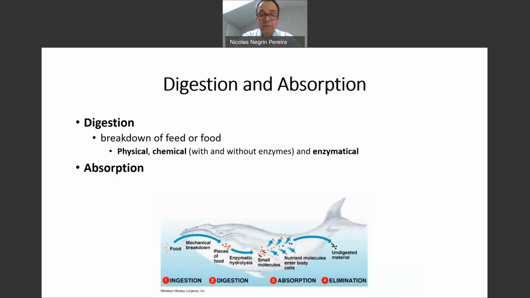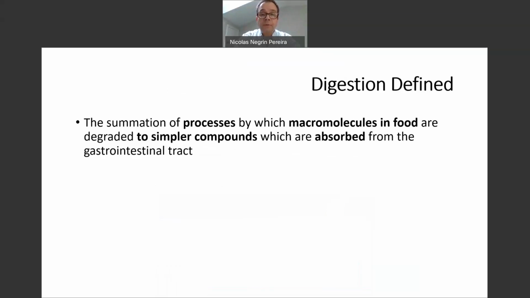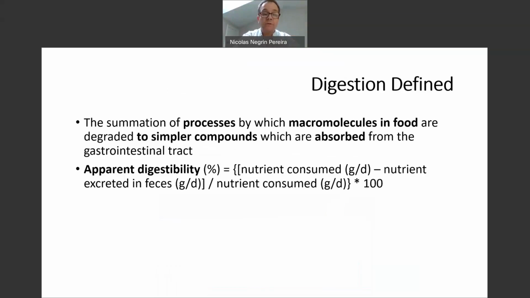Then it will be followed by absorption, and we can define absorption as the actual movement of simple food particles from the lumen of the digestive tract to the blood or the lymph. So digestion is the summation of different processes by which macromolecules in the food will be degraded to simple compounds and absorbed from the gastrointestinal tract.